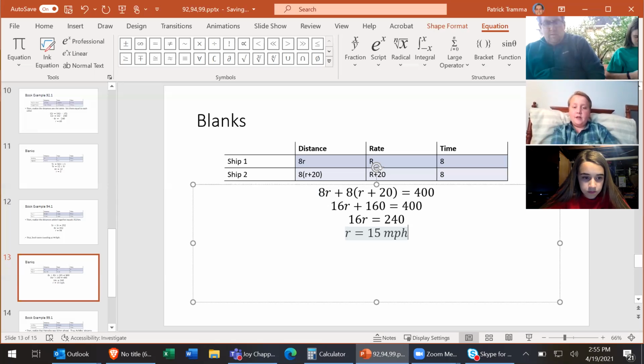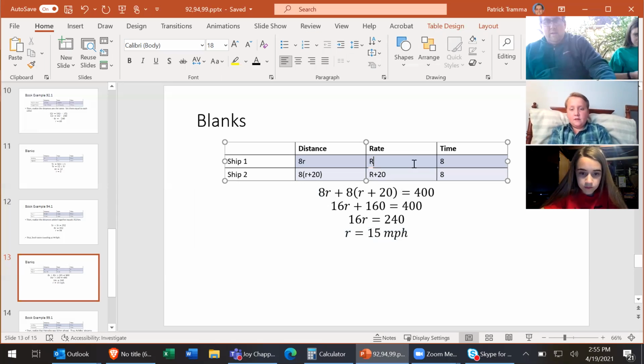So we found the speed. What is R then? R is 15 miles an hour. What does that mean? Look back at your table. Where is R? In rate, for ship 1.